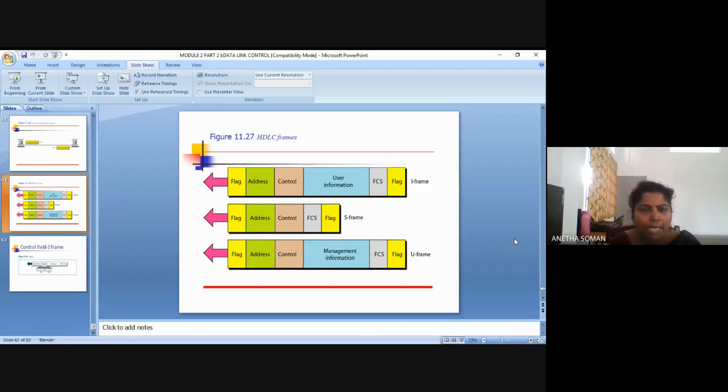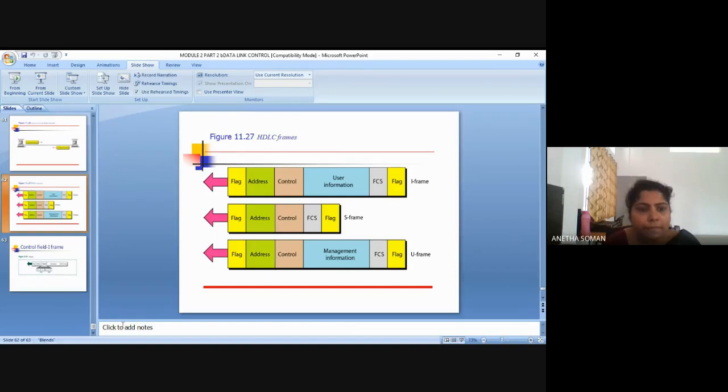Now, the beginning of each frame starts with a flag field. The flag used in an HDLC protocol is an 8-bit sequence with a bit pattern. Already you have seen, this is a bit-oriented protocol. So what will be the pattern of the flag in a bit-oriented protocol? It is 0, six ones, and then a 0.